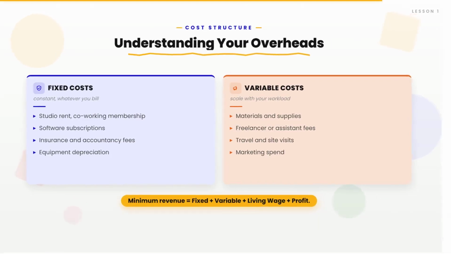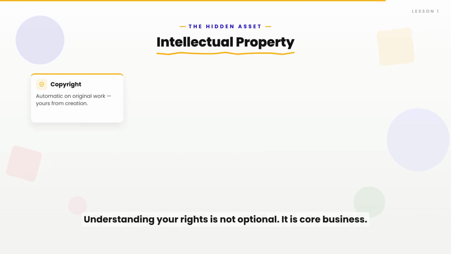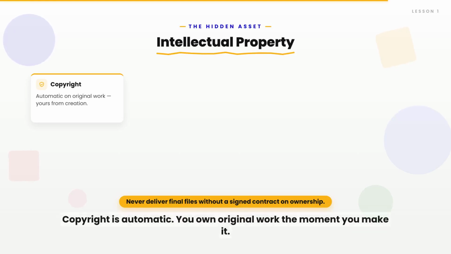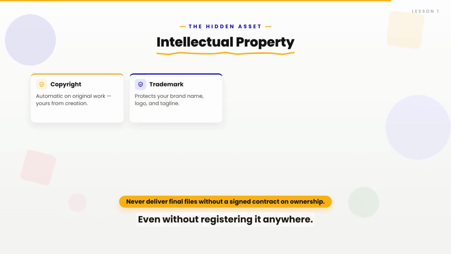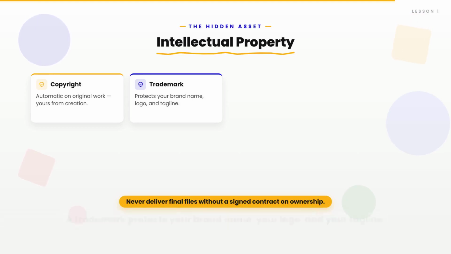Let's talk about your most underused asset, intellectual property. Understanding your rights is not optional. It is core business. Copyright is automatic. You own original work the moment you make it, even without registering it anywhere. A trademark protects your brand name, your logo, and your tagline.